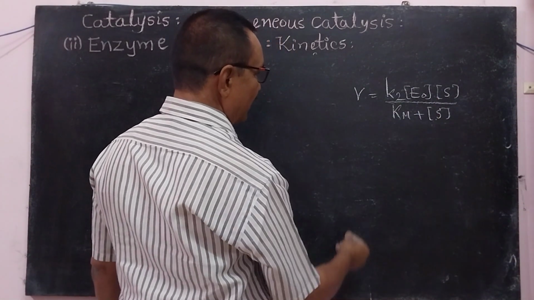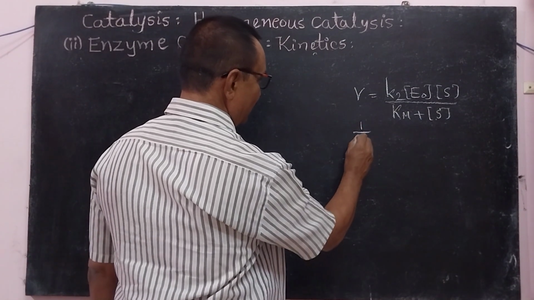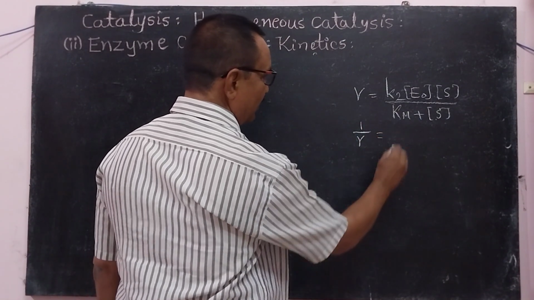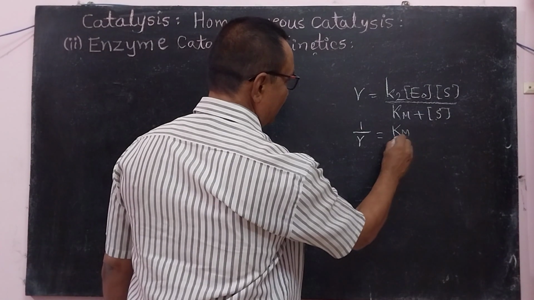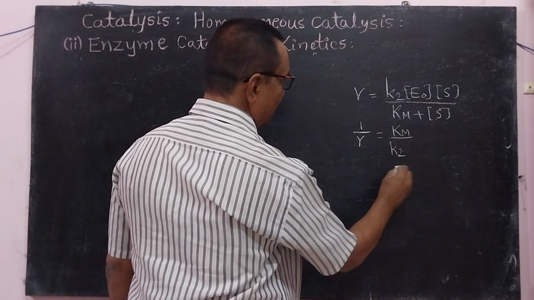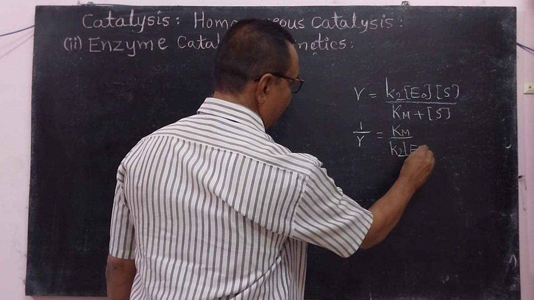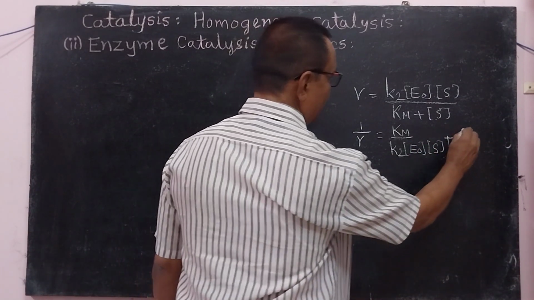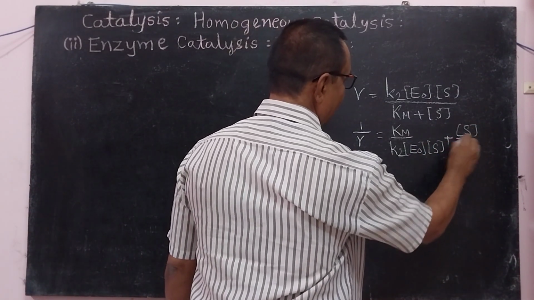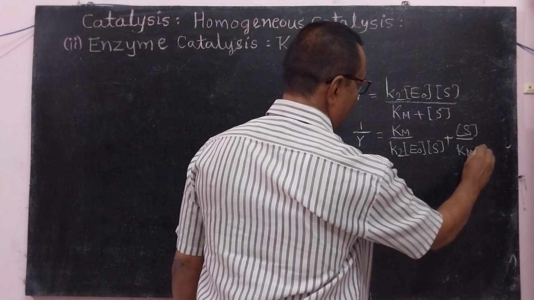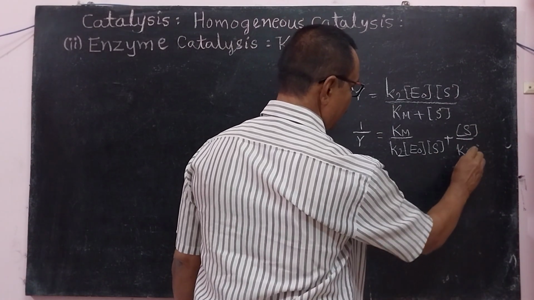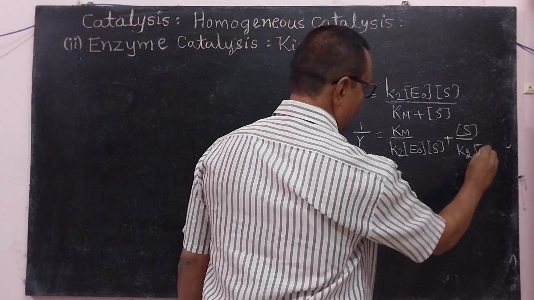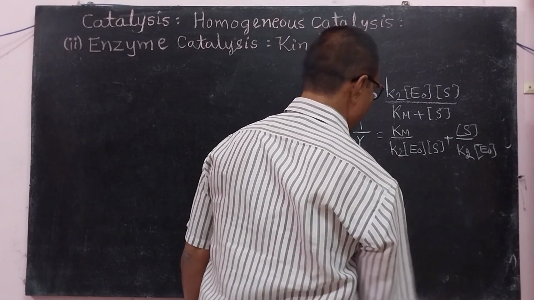Now you make the reciprocal of this. 1 divided by R equal to what? Km divided by K2 into E0 into S, plus S divided by Km K2 into E0, K2 into E0.